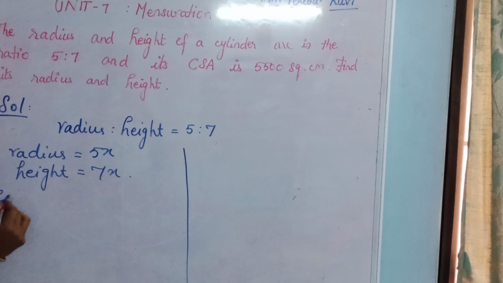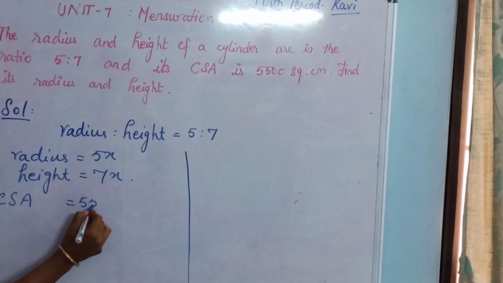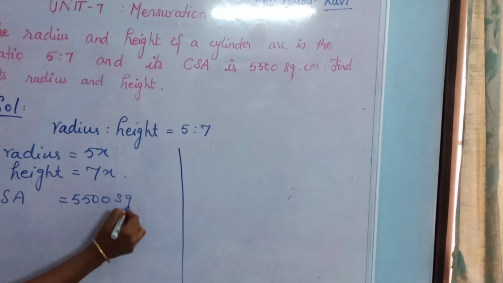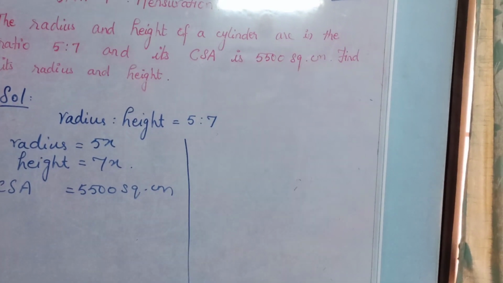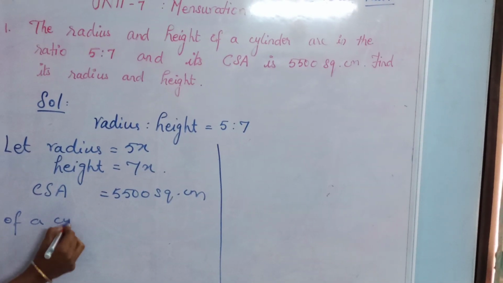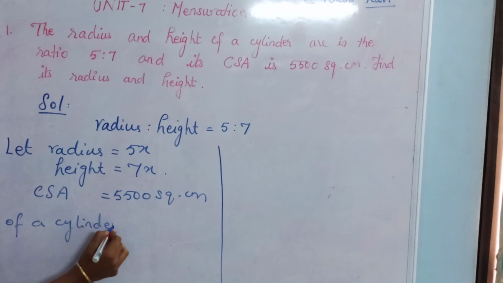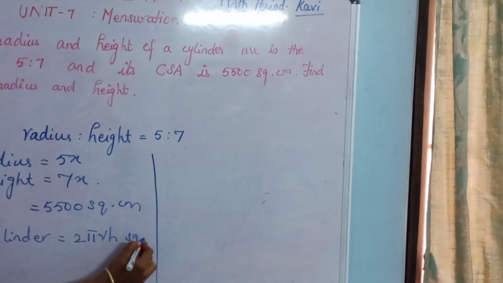Now it is given in the problem, CSA of a cylinder is 5500 square centimeter. So we know that curved surface area of a cylinder is given by 2 pi RH square units.